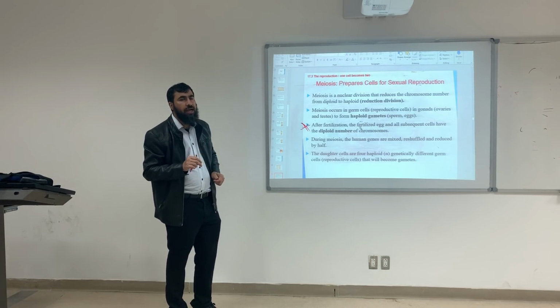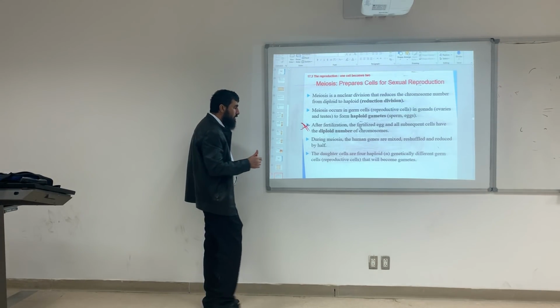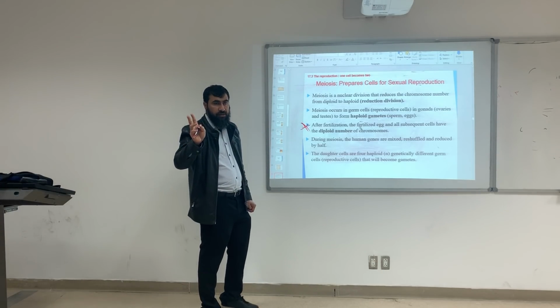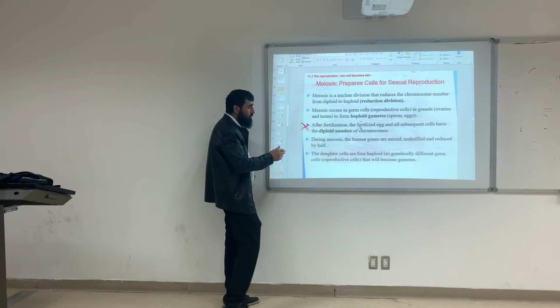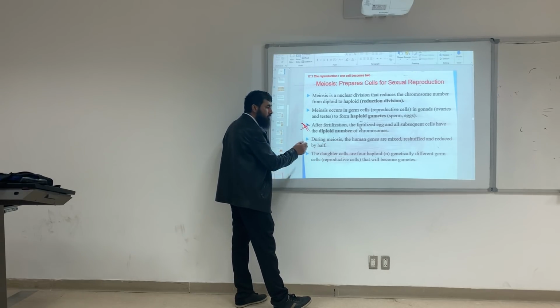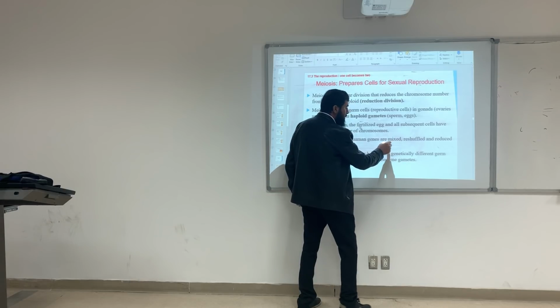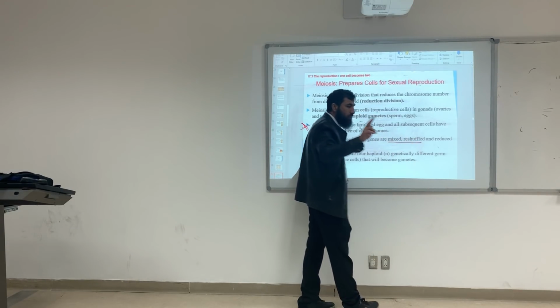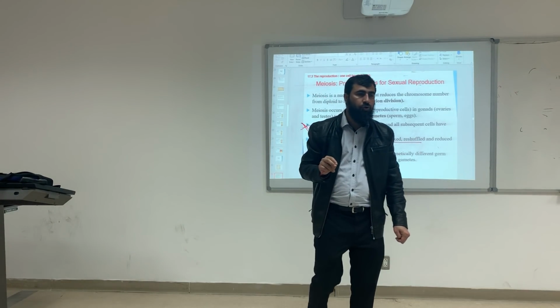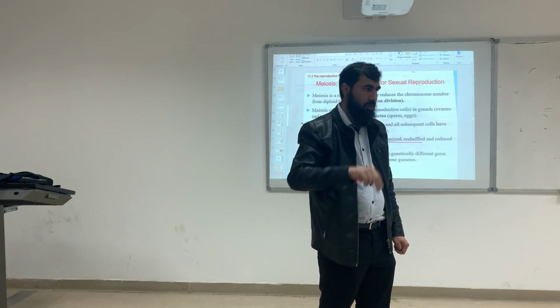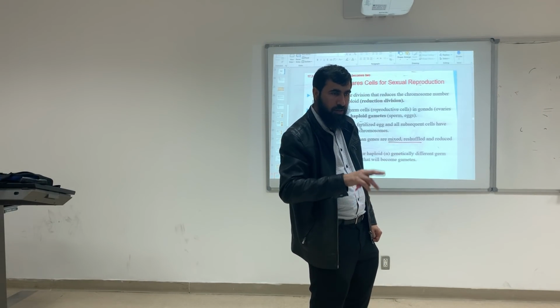Several things happen in meiosis. One of them is genetic variability. We get crossing over, which is mixing and reshuffling. Remember independent assortment of the chromosomes, the law of independent assortment, in the next chapter.